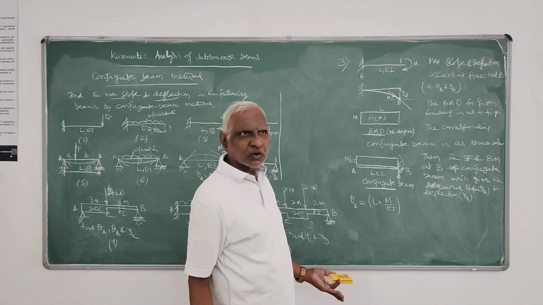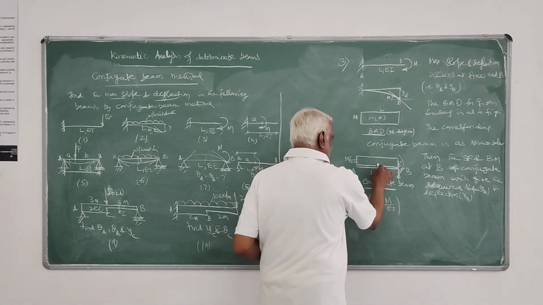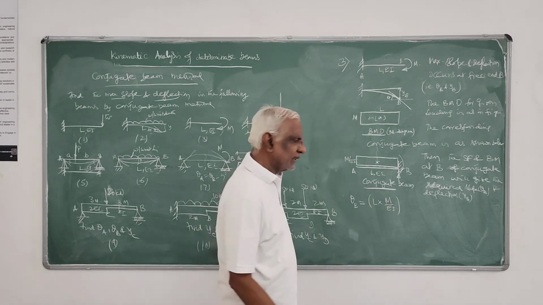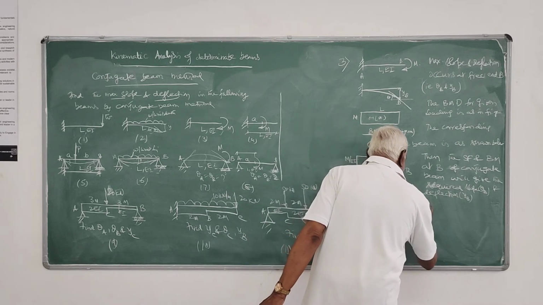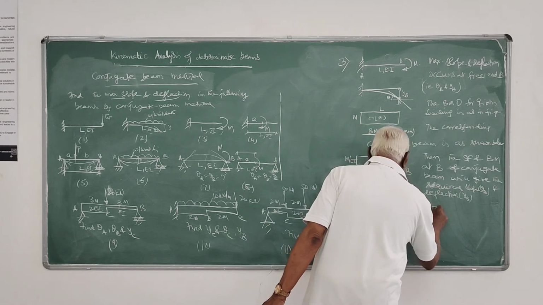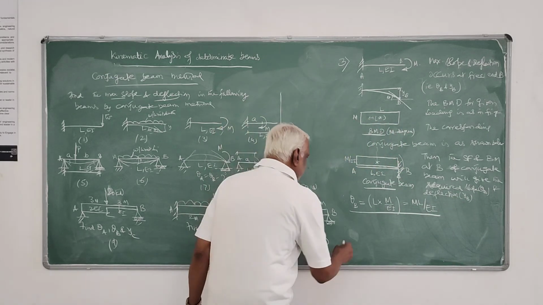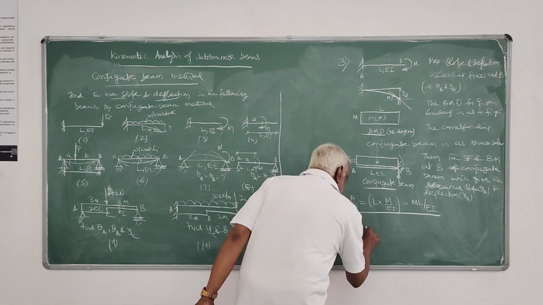That's all, the total load, ML by EI, acting here at the center. So L into M by EI, that is nothing but ML by EI. That is your slope. And deflection, YB.